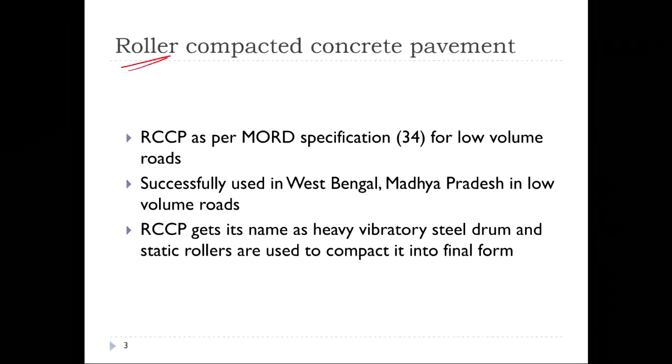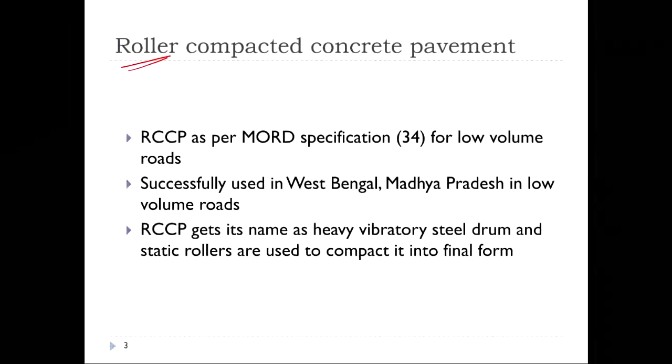In IRC SP 62, for conventional concrete pavements for low volume roads, you'll find section 4.9 on roller compacted concrete pavements. This is also mentioned in the MoRD specification for low volume roads. Although we don't have many trials in India to speak about its success, we have some limited trials carried out in West Bengal and in Madhya Pradesh, especially on low volume roads.